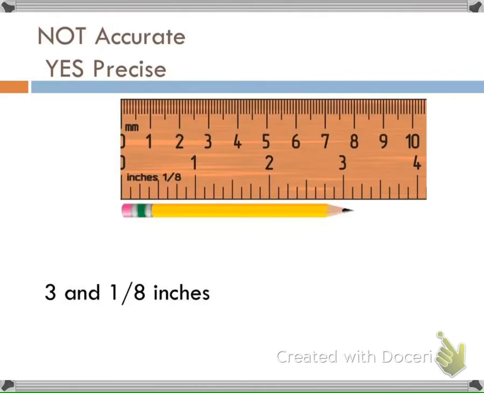Now, let's look at this one. We have a ruler here, and we're going to measure this, and we come up with 3 1/8 inch. Okay, so this is precise. A lot of people who are going to measure this are going to look, and you can agree, you look at that, and we're going to see that this is about 3 1/8 inch.